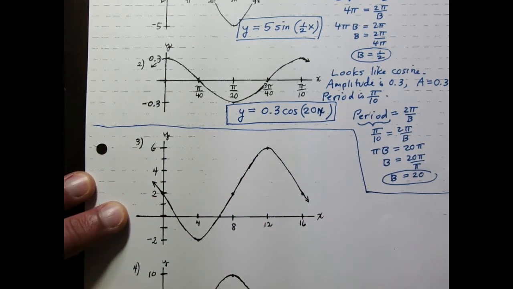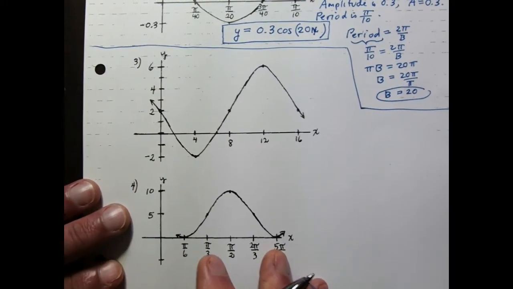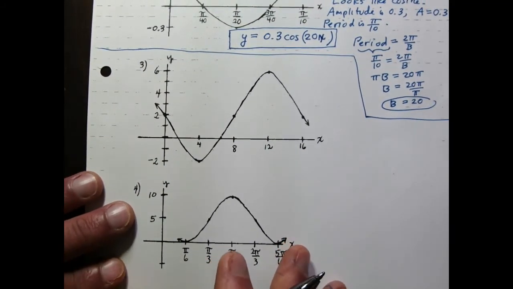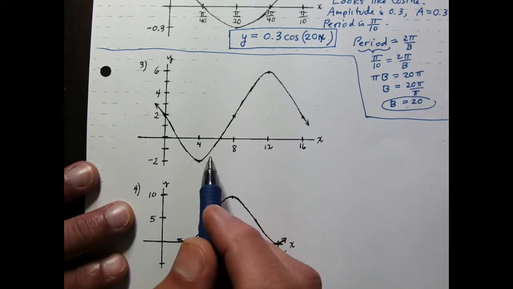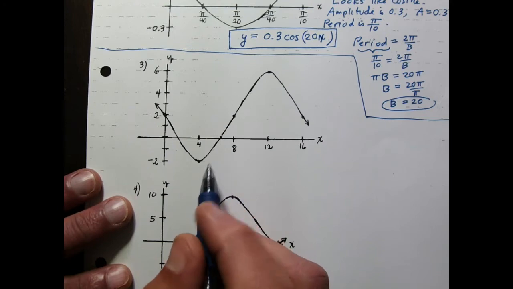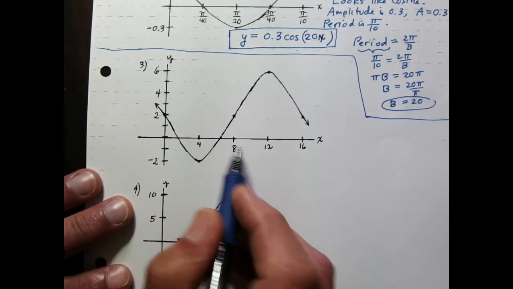Separate that off. And now let's look at number 3. Now, this one is a little bit trickier to deal with. One thing I notice, it's not centered on the x-axis.